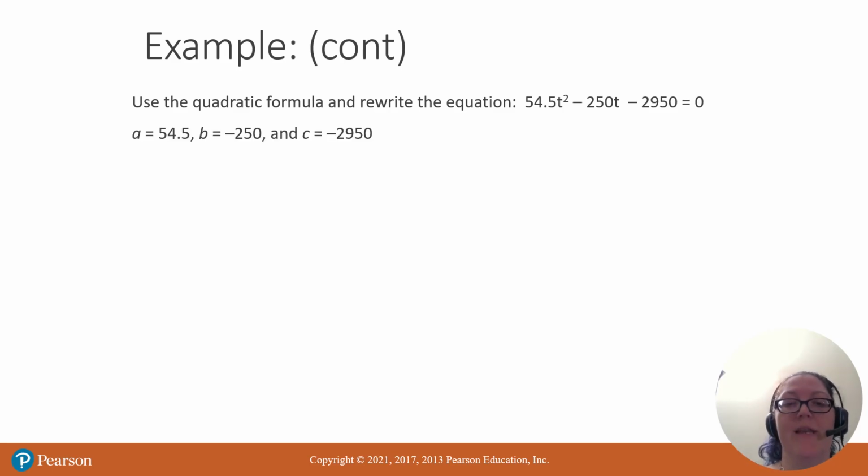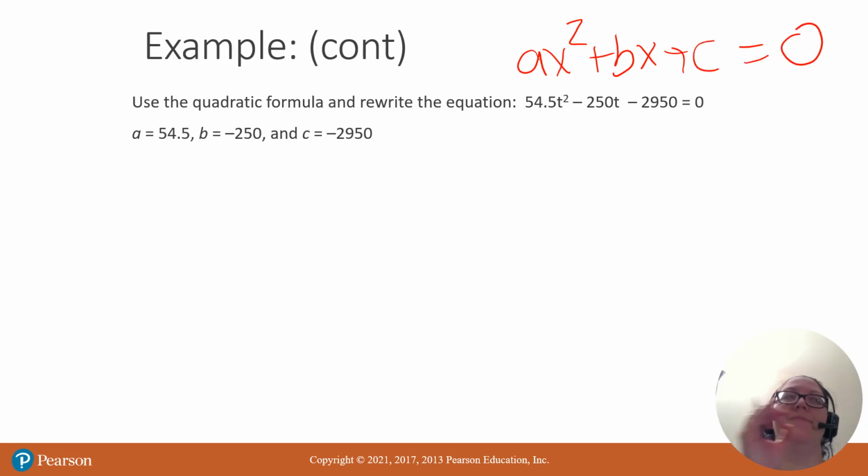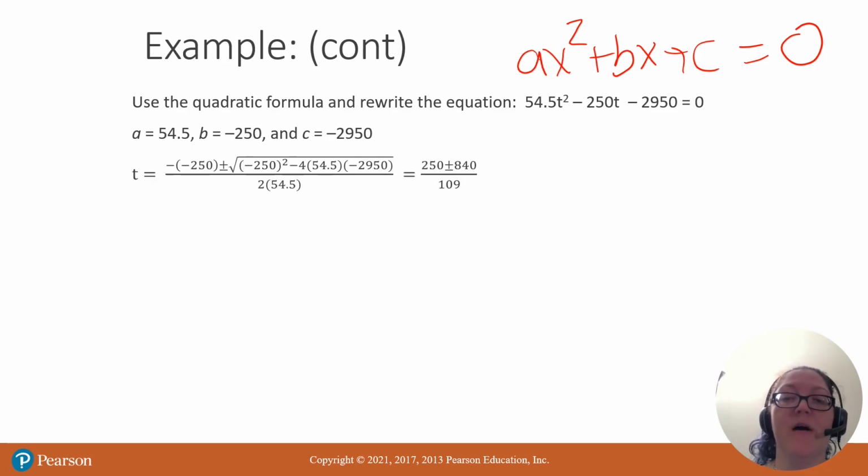Now from there, we can identify what A, B, and C are. A is that 54.5, and again, this is the idea in the quadratic formula itself. Remember I said it has to meet this basic setup requirement first. I know it says x equals, but in our case, x is now t. We're just switching out the variables, so that's perfectly safe. Then we're going to plug it all into the equation.